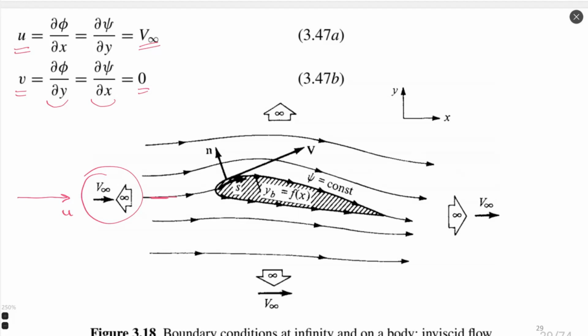This is the streamline function. I'm drawing in red the streamline which touches the airfoil. The flow which comes to the stagnation point of our airfoil is split in two. One part goes on the upper side, another part goes on the lower side of our airfoil.